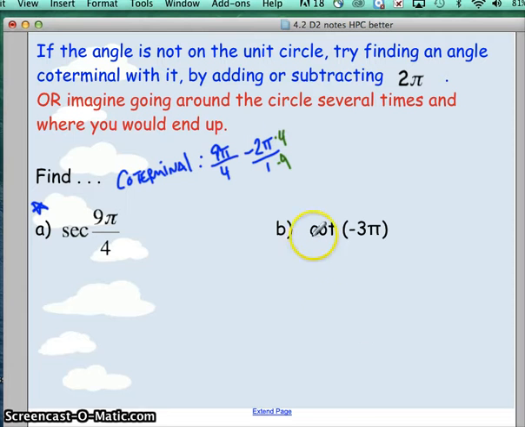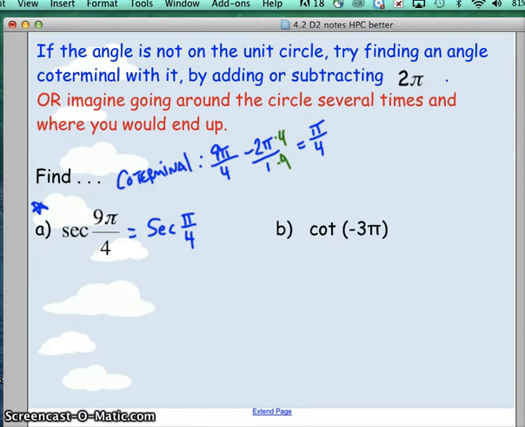So we've got to multiply by 4 on top and bottom. So 9 pi over 4 minus 8 pi over 4 would be pi over 4. So we can think of this as just doing secant of pi over 4, which is much easier to do because pi over 4 is on the unit circle.